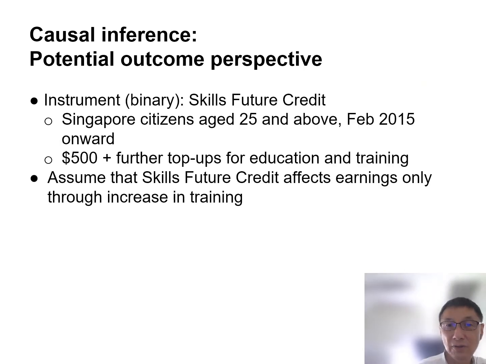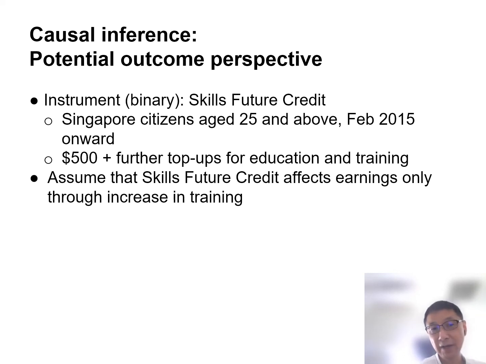The Skills Future credit, which would have paid up to $200 for that English lesson, was introduced in February 2015 in Singapore. It's available to Singapore citizens aged 25 and above. It pays $500 and additional top-ups for education and training.